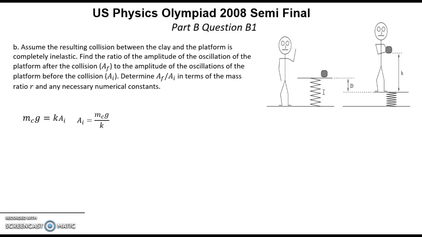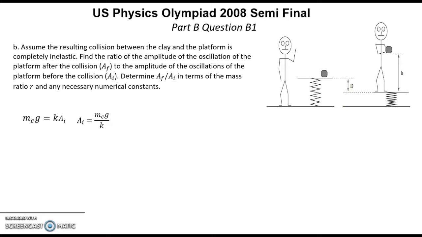And now we can find the total kinetic energy from this point, because this piece of clay hits us, and we can find the initial speed in this position. For that we first have to find the speed of this piece of clay right before the collision.